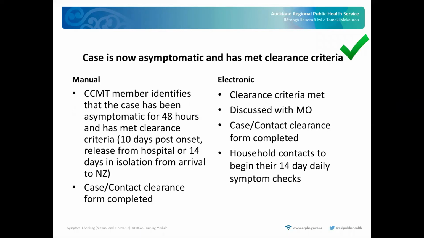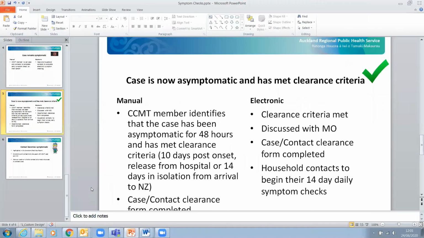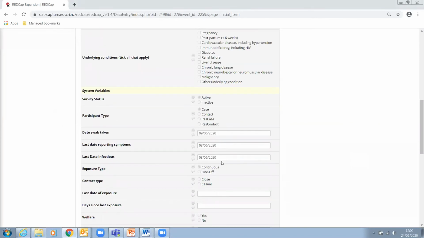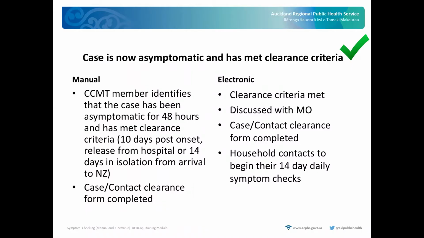Once it's been identified that the case is now asymptomatic and has met clearance criteria, the initial form of the case, which I will show here, the survey status will be kept as active, and then the date of last exposure will be updated here.